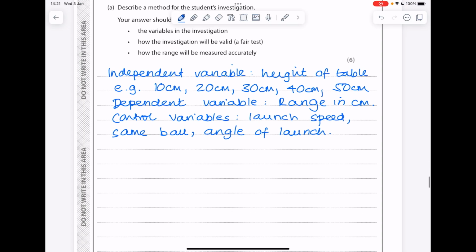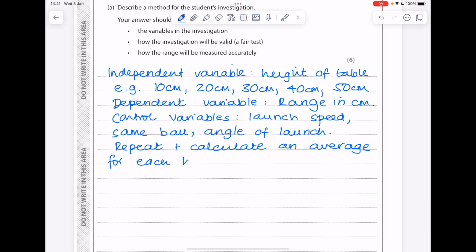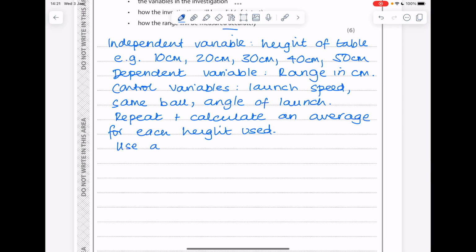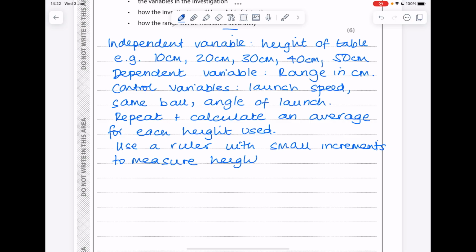How are we going to ensure that it's valid? We want to repeat and calculate an average for each height used. And then in terms of this accuracy element, use a ruler with small increments to measure both height of table and the range.